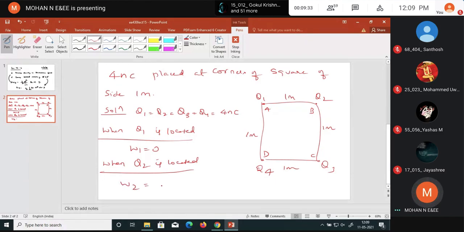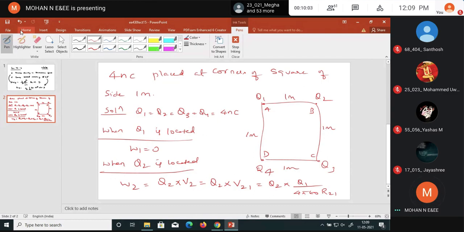So W2 is equal to Q2 into V2, that is Q2 into the potential due to charge 1. It is nothing but Q2 into Q1 by 4 pi epsilon naught R21. I'll leave this one to you to solve.